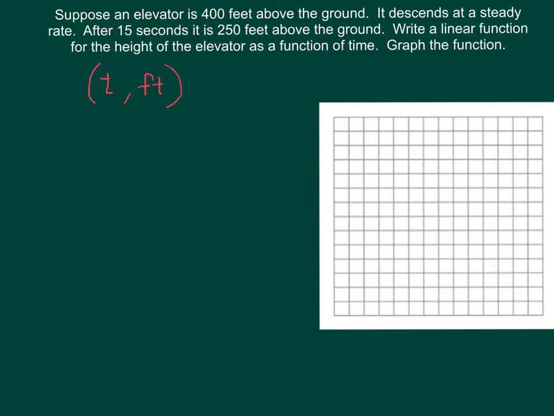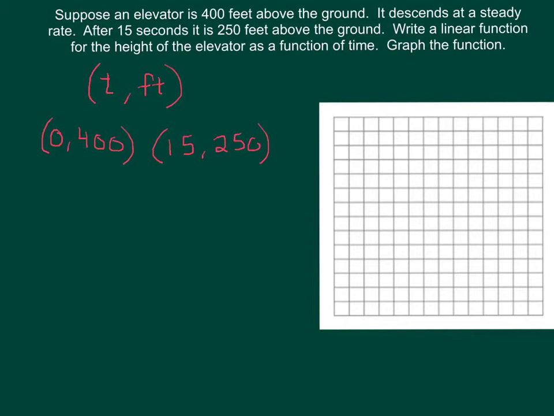If it starts at 400 feet above the ground, that means at 0 seconds, it is at 400 feet. And then at 15 seconds, it is 250 feet above the ground. So from these 2 points, can we find the slope and the y-intercept?